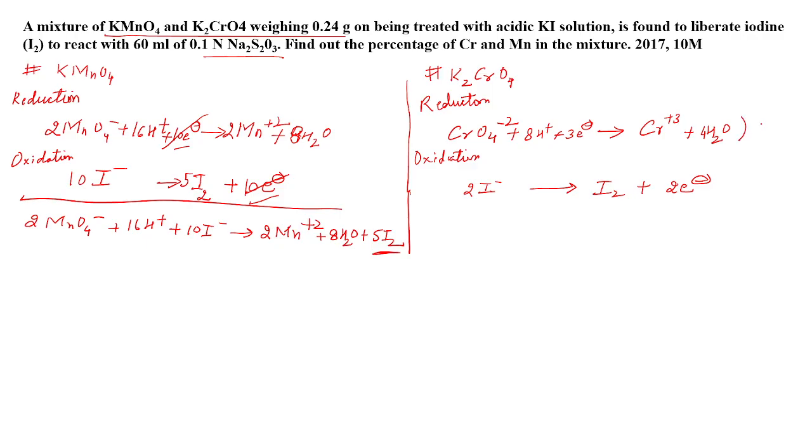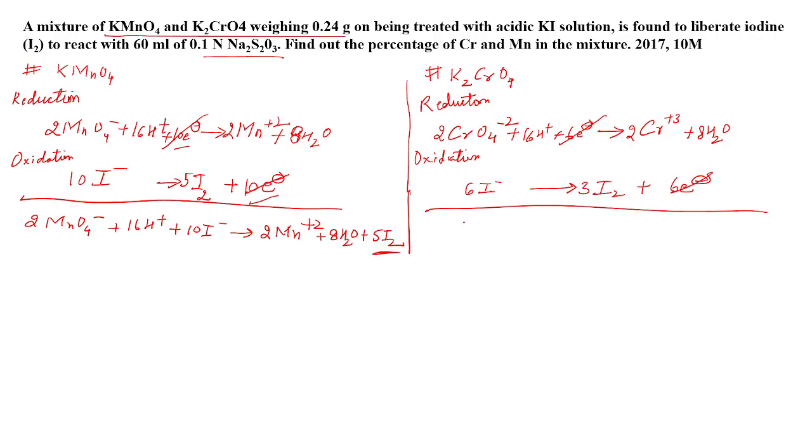So for that I am going to multiply it by 2 and multiply it by 3. So when I do that, it will become 2, 16, 6, 2 and 8. Okay, and it will become 6, 3 and 6. Okay, now you can add this.